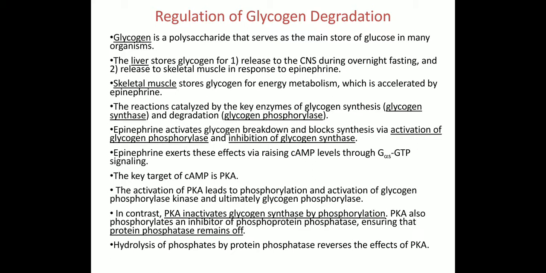The regulation of glycogen degradation. The first cyclic AMP mediated cellular response is the release of glucose from glycogen, which occurs in the muscle and liver cells and is stimulated by epinephrine or other hormones whose receptors are coupled to the G stimulatory protein.